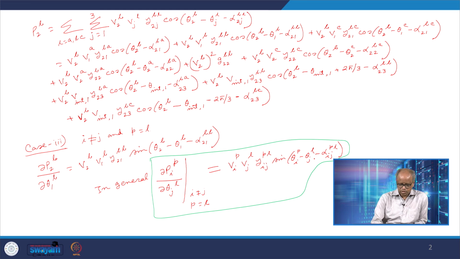So out of these 4 cases, for 3 cases we can use this particular expression, and only for the case I is equal to J and P is equal to L do we need the long expression we have already derived. That completes the discussion of the J1 matrix.